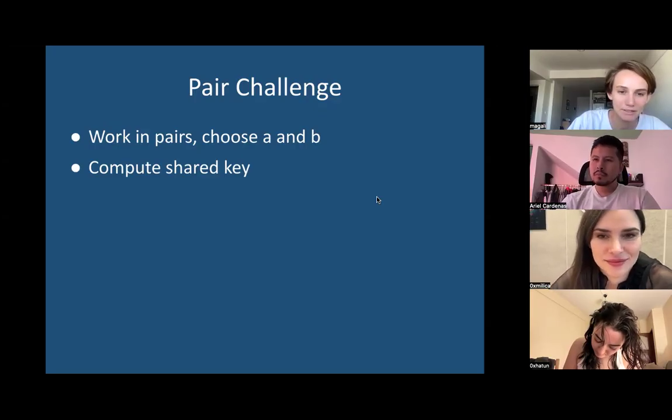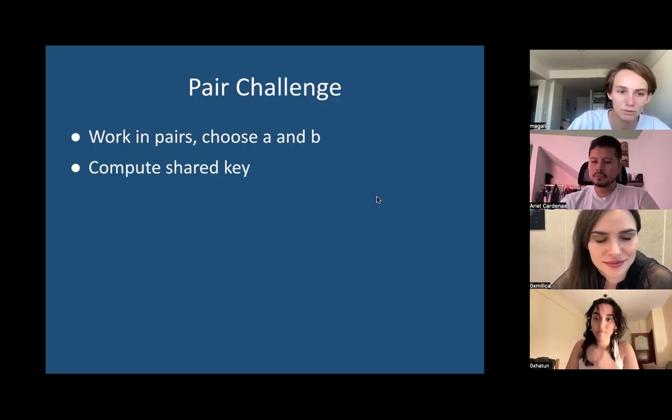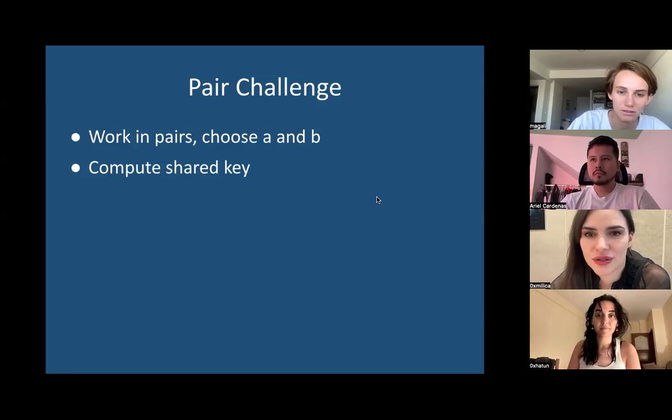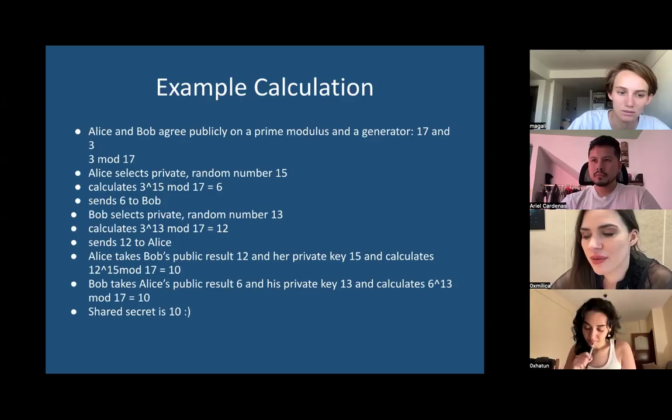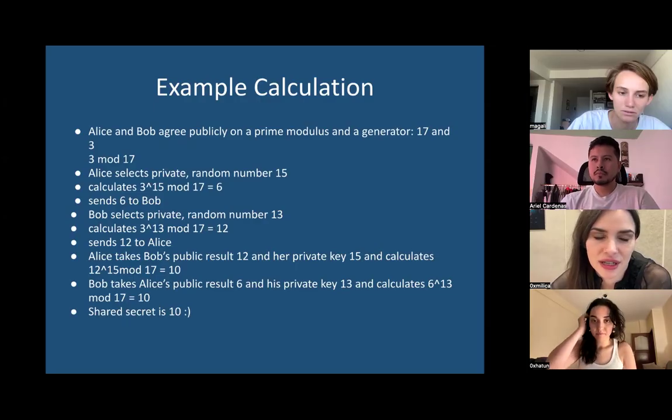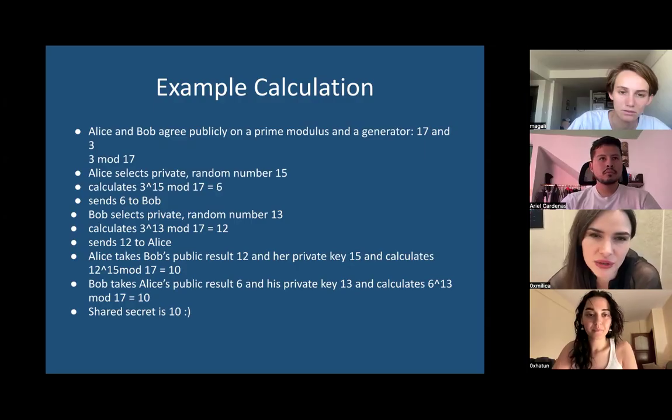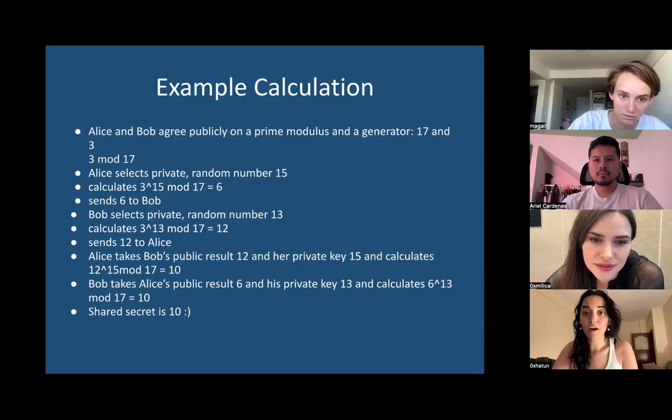Is there a specification on the number that we choose as a secret? You should have a prime modulus and a generator. This will work actually for anything, but both must be primes.